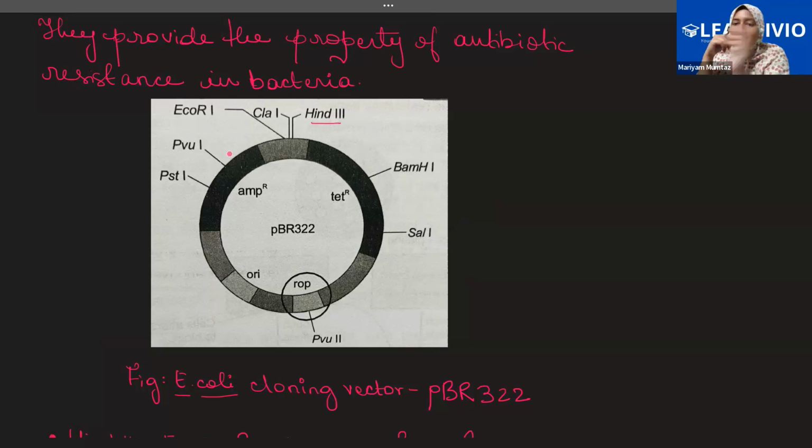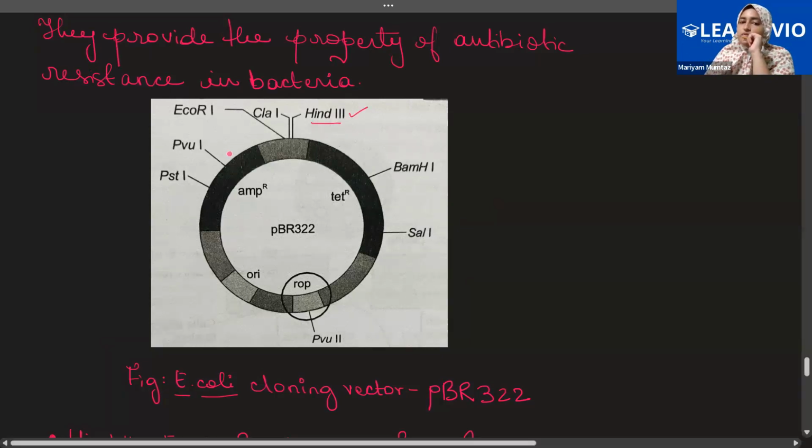It should be the same, or else you can't attach it. So if we are using HindIII for cutting, it will cut here. It will not cut here or here or here. It will cut at this point. Getting my point? That is why different points have different restriction enzymes. That's it. Nothing too complicated.